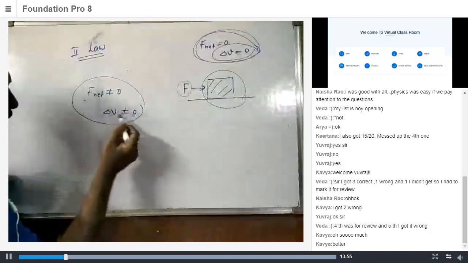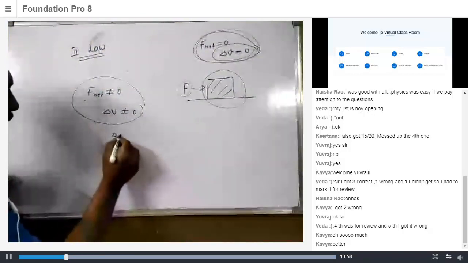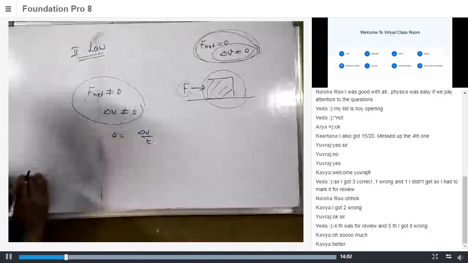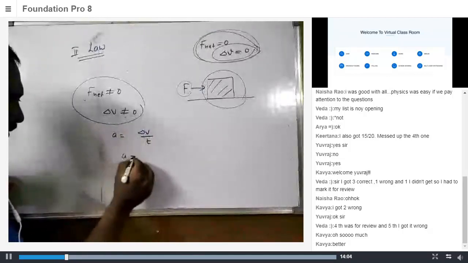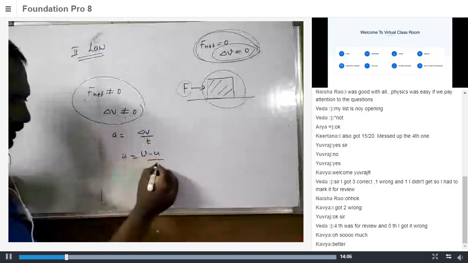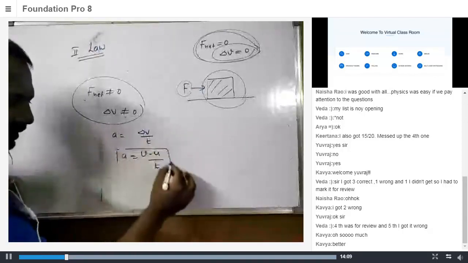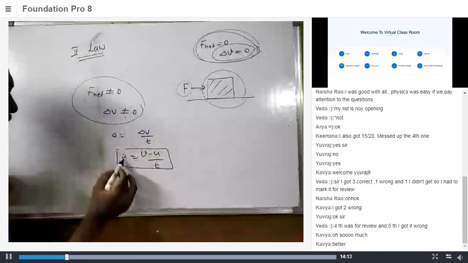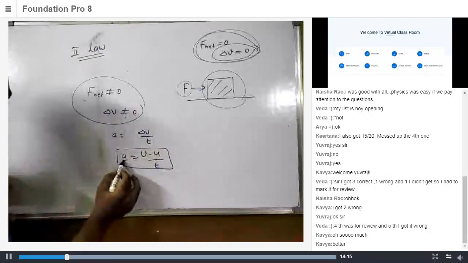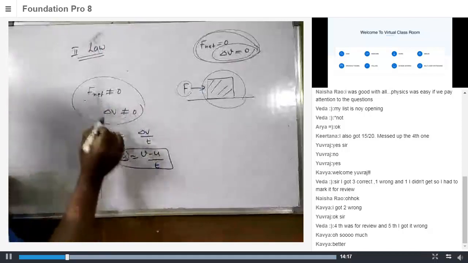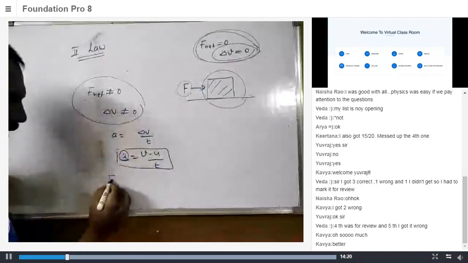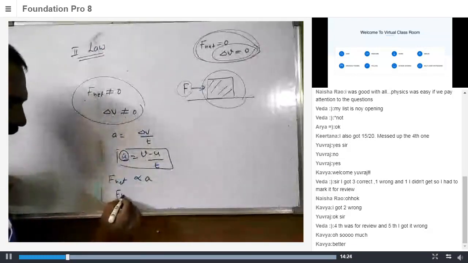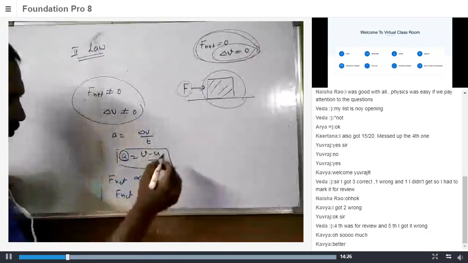Now, how much is the change in velocity? If you remember, acceleration is change in velocity by time. We write it as final velocity minus initial velocity by time. So if there is a change in velocity, there would be an acceleration. Now, to find out how much the force is, net force is directly proportional to acceleration and directly proportional to mass.